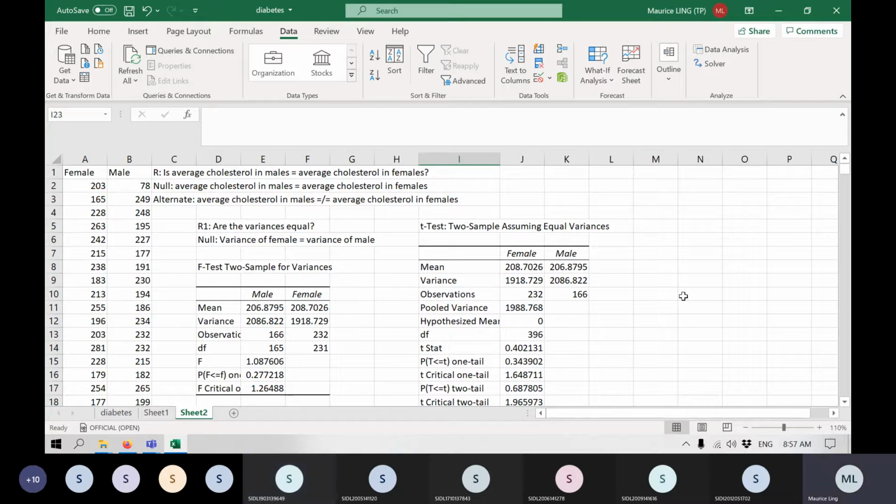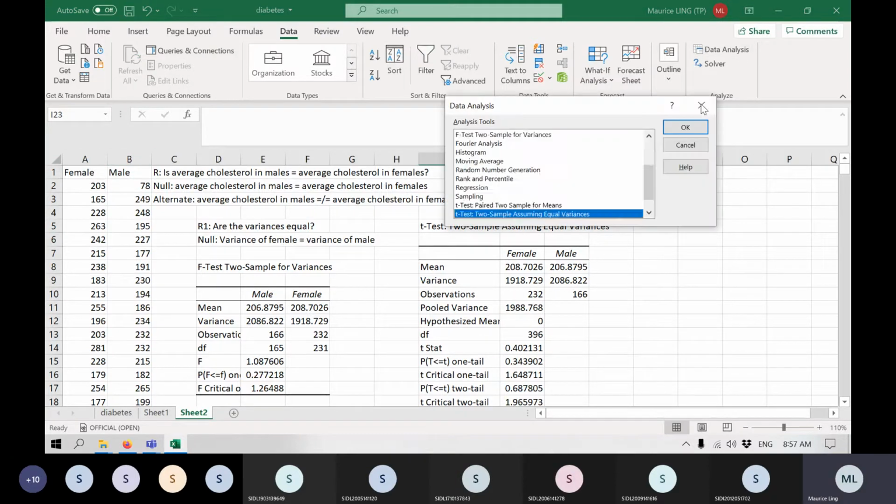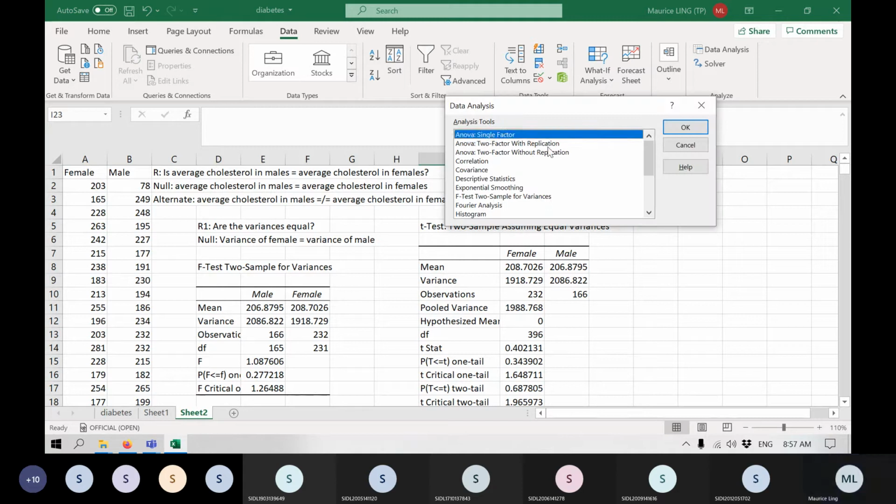Yes, to some extent it's correct. But can we use ANOVA for two groups? Is it wrong to use ANOVA for two groups? Let's try. Can we use ANOVA for this? You also have the single factor ANOVA here. The two factor ANOVA is not easy to use. Excel is only quite useful for single factor ANOVA, which means one-way ANOVA.